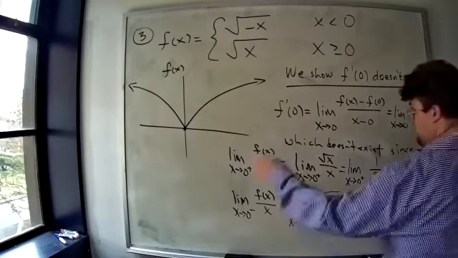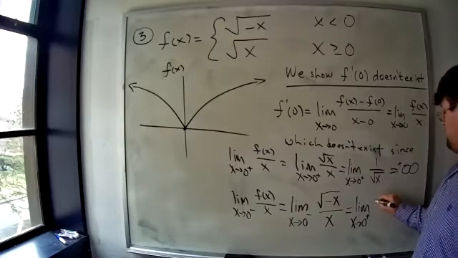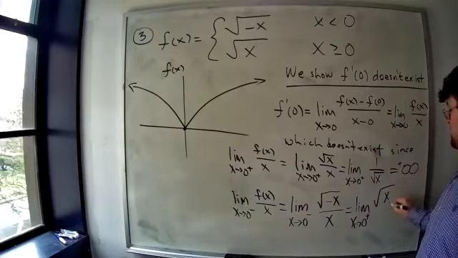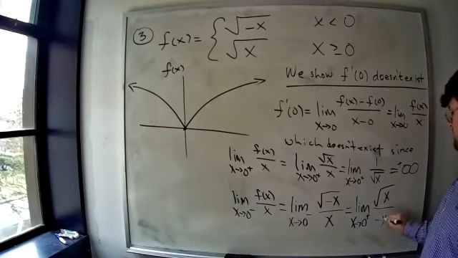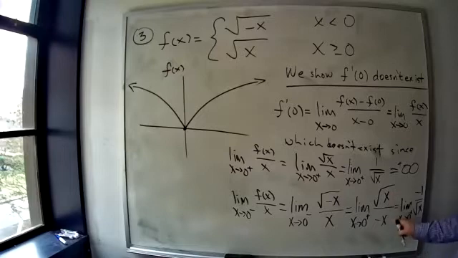Instead of approaching 0 from the negative side, we're approaching 0 from the positive side, but we also replace all x's with negative x's. We're left with this limit, so the negative I'm just going to move to the top. Root x over x becomes 1 over root x, and this limit is negative infinity because of that negative.